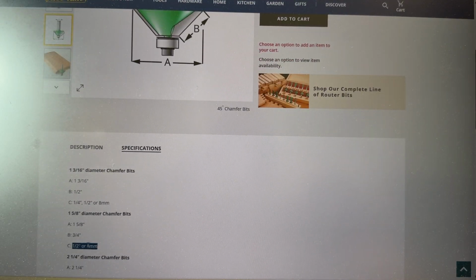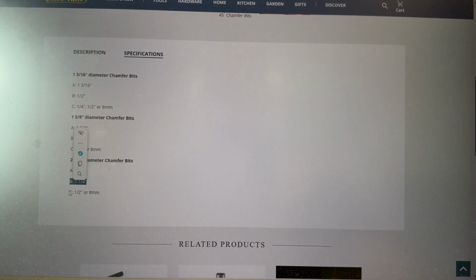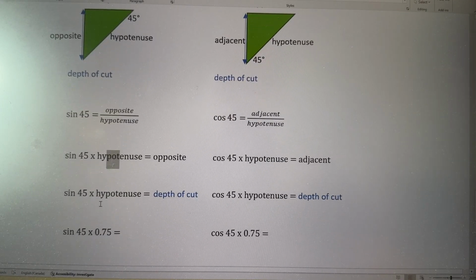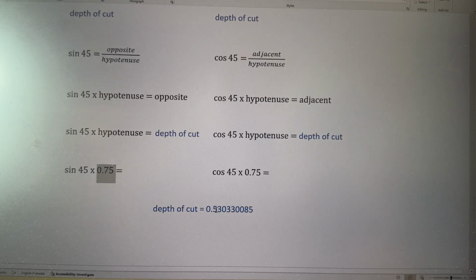That's what's listed here. Half here, 3/4 there, and 1 3/4 there. So for the hypotenuse number for this particular router bit, I plug in the 3/4 of an inch in decimal form, 0.75. Either which calculation will equal the same one number, 0.53 inch plus change.